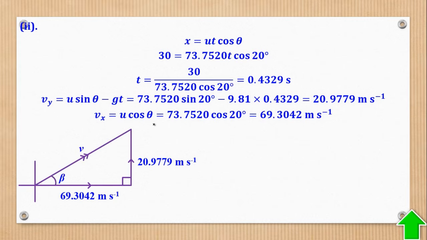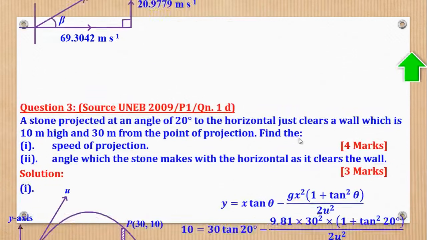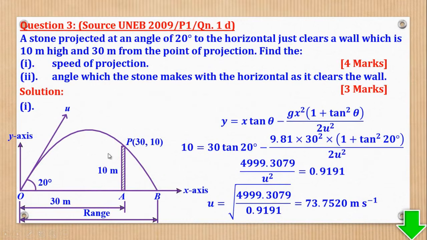Okay, let's go back to the diagram. It means that this wall was somewhere here when it was still moving in an upward direction, like that. But because this is a sketch, you don't need to change it after realizing it.